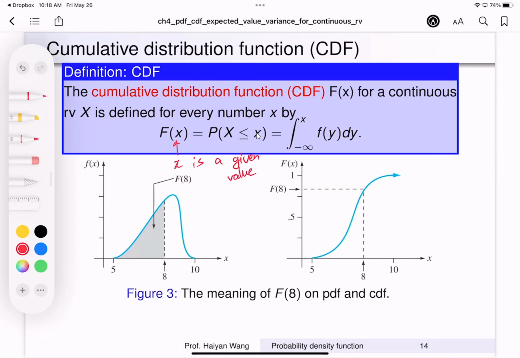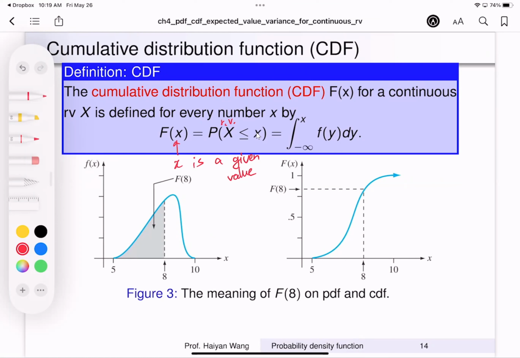For this given value, what's the probability that the random variable X is less than or equal to it? This is given by the integral from negative infinity to the little x of the density curve. This CDF function is used very frequently, so try to memorize the meaning of this term.